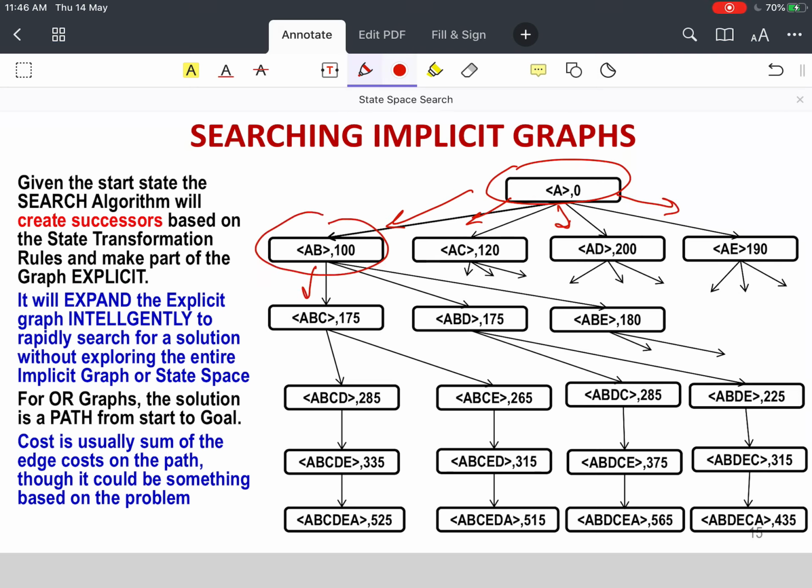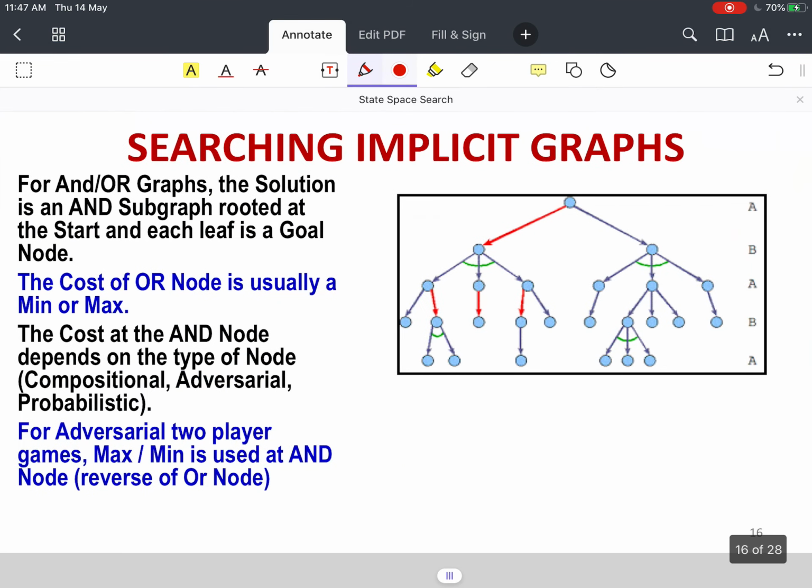And then we choose one of the successors and again create some more successors in our attempt to very quickly reach the goal node without generating the complete state space. And for OR nodes, we have a path which is the goal, start to goal, and in an AND node, obviously, it consists of the subgraph, and the cost is defined in many ways. For a path, a typical way is sum of the path costs.